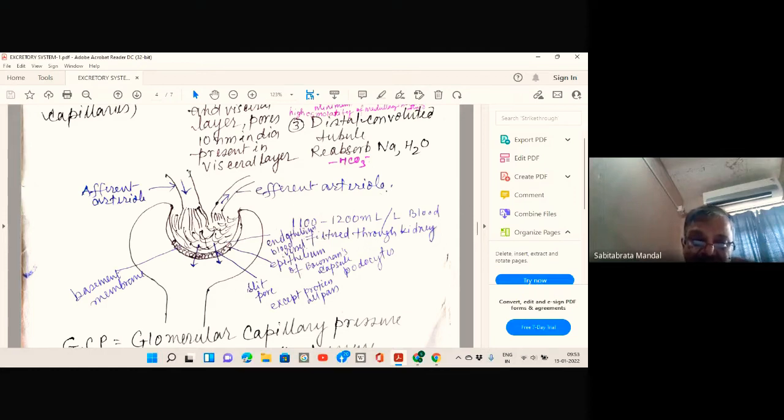Afferent arteriole means which brings the blood to these capillaries of the glomerulus, and efferent arteriole means which takes out the blood from this tuft of 50 capillaries. Here you can find one interesting thing, that the diameter of the afferent arteriole is more and the diameter of the efferent arteriole is less.